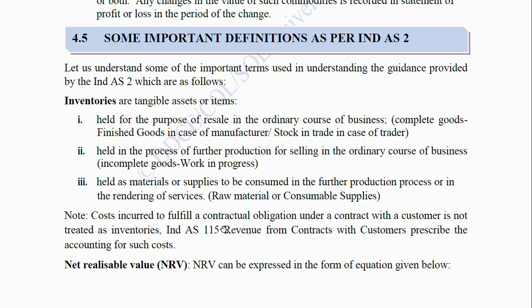4.5, Some important definitions as per Ind AS 2. Let us understand some of the important terms used in understanding the guidance provided by the Ind AS 2, which are as follows. Inventories.